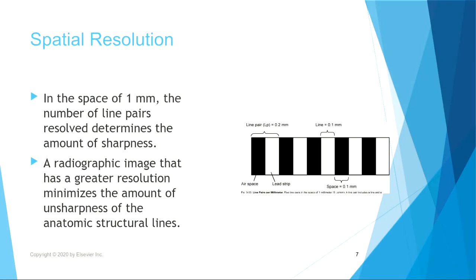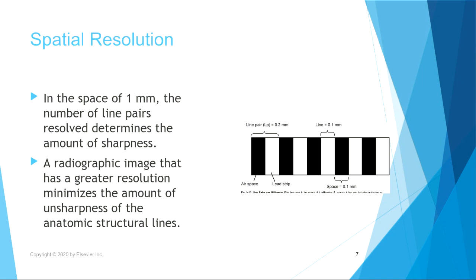And they reference that if an imaging system can resolve fewer line pairs within 1 millimeter, like if it can resolve 2 or 3 line pairs, then it has decreased sharpness, meaning it won't have very good resolution. So resolution is expressed in line pairs per millimeter.